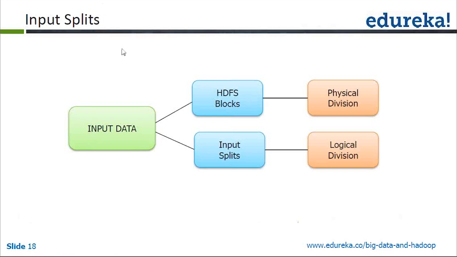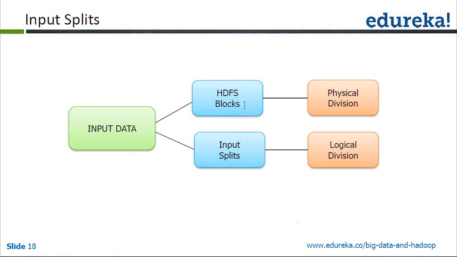Okay, input splits, I'll move on. Basically, once the data is in the Hadoop cluster, how is it split? That is in terms of HDFS blocks, which are known as input splits.